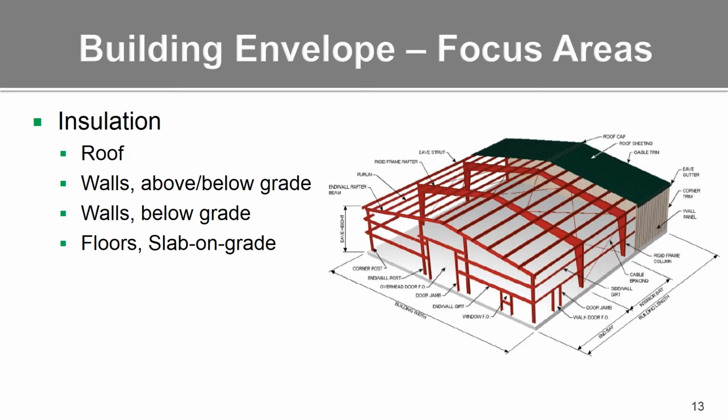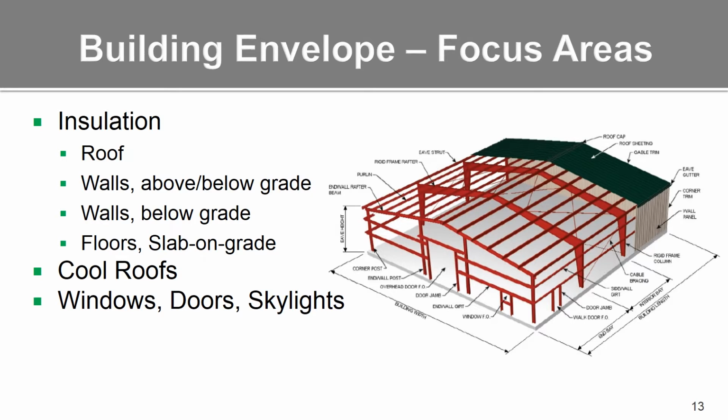In general, whether you're in the IECC or 90.1, the building envelope would focus in on insulation provisions for all building types, whether you are wood, masonry, concrete tilt-up, metal buildings. So it addresses roofs, walls above grade, below grade, slabs on grade, and floors.